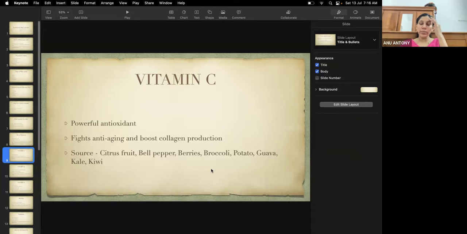Even gooseberries you can advise. It doesn't increase your acid reflux. So consuming gooseberry, you can either use the murabba or the candy one, or the salted one. Salted one is where you take 5 to 6 gooseberries as a whole, wash them thoroughly, make small cuts, and store in a jar with salt water and a pinch of turmeric.